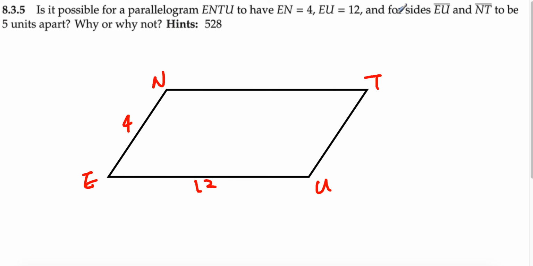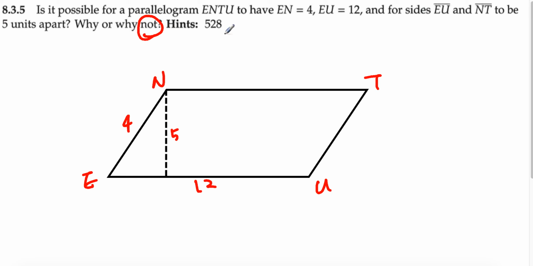And sides EU and NT to be 5 units apart. 5 units apart simply means when I draw this line, that must be 5 units apart. Now, is this possible? The answer is no, it's not possible.